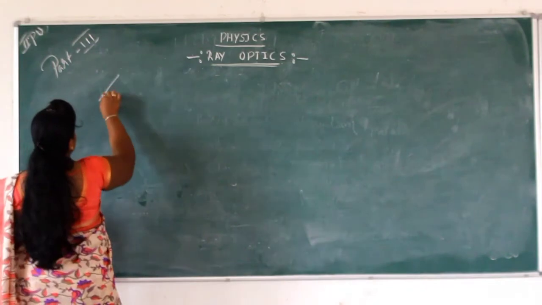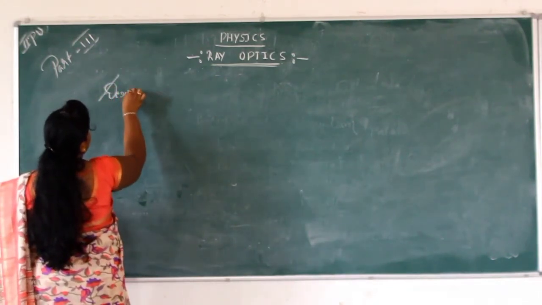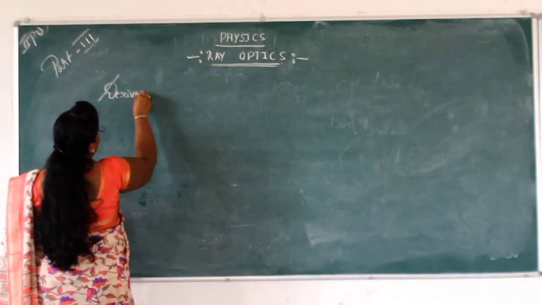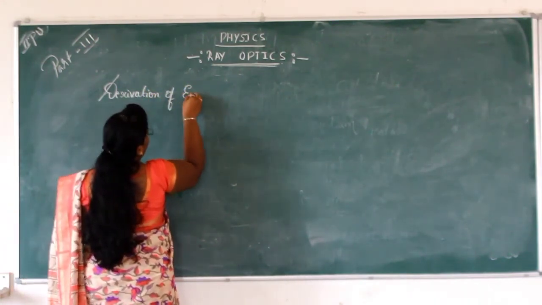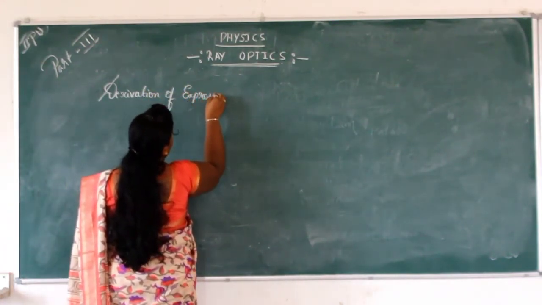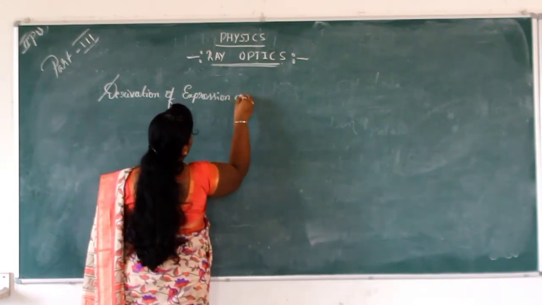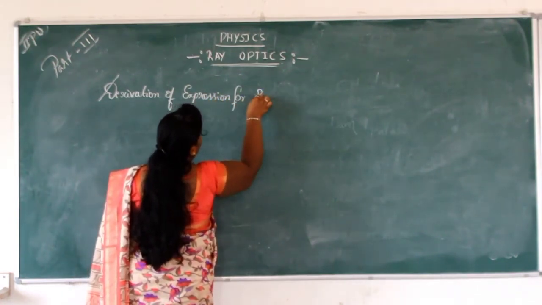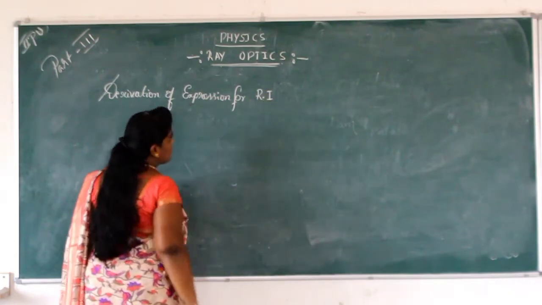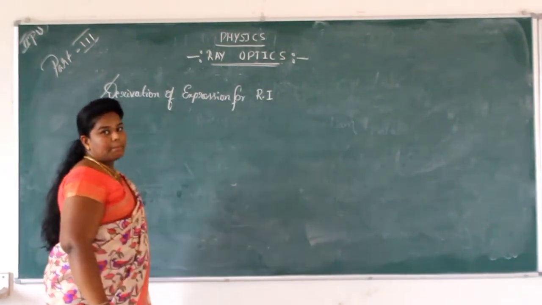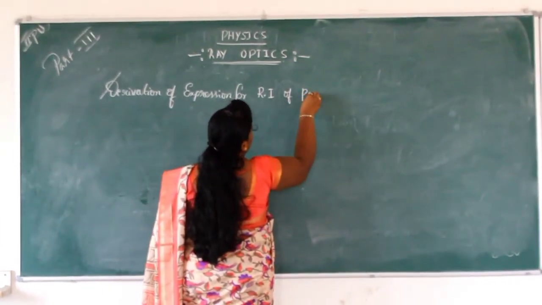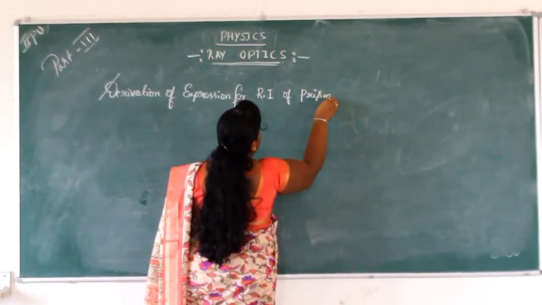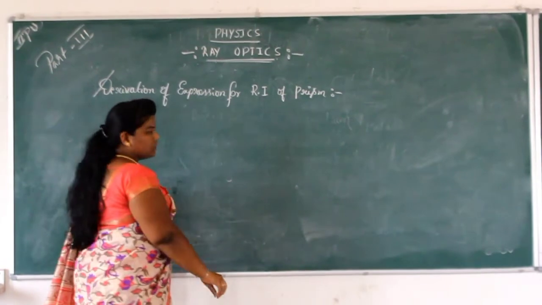So now let us move towards the derivation of the expression for the refractive index of a prism. Refractive index is represented by the symbol capital R, capital I. Yes, this was my main intention.